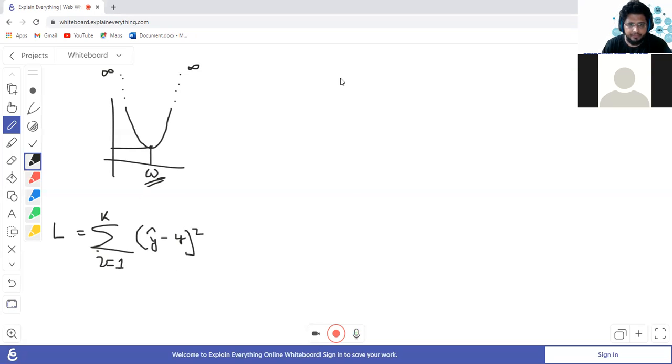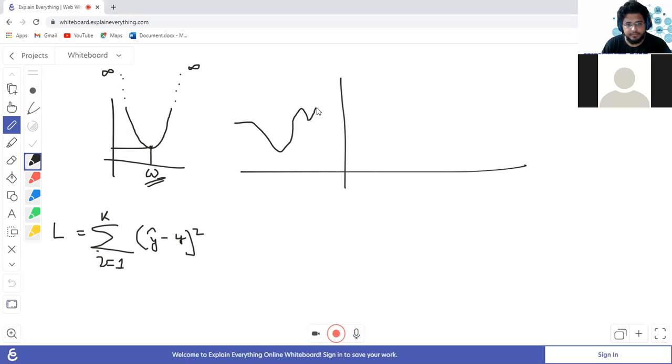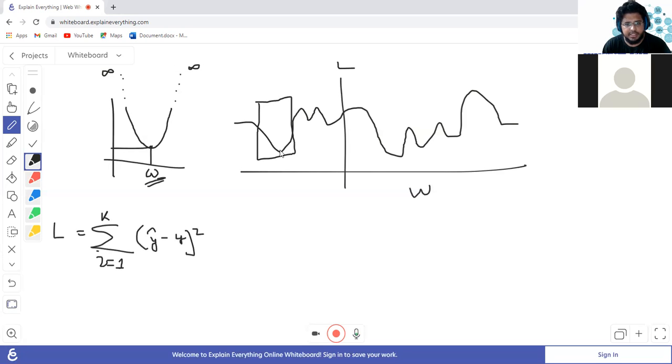So suppose we have a loss function which is like this. This is the weight and this is the loss. And when plotting the weight versus the loss, we get such a type of graph. So that means in this locality, this is the local minima.